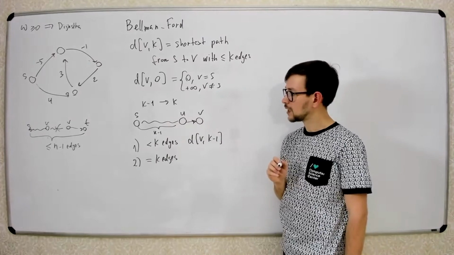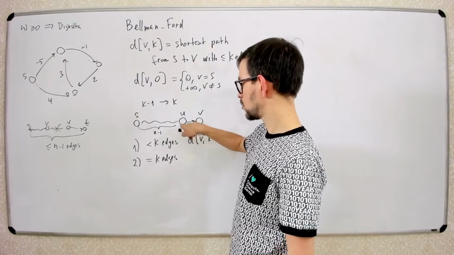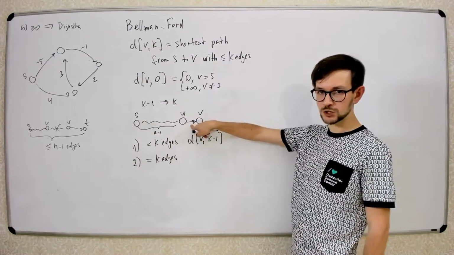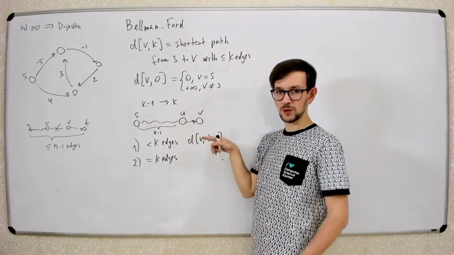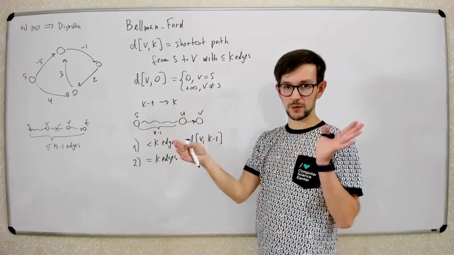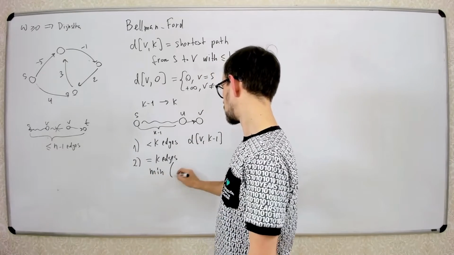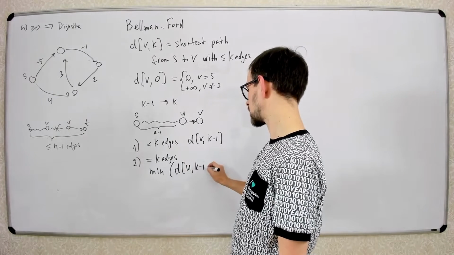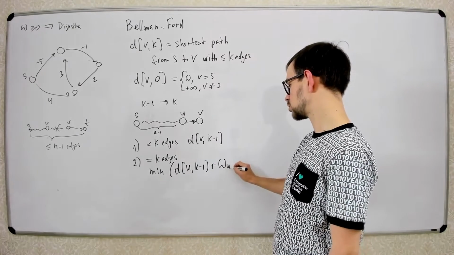So we need to find the shortest path from S to U which contains no more than k minus 1 edges, plus this one edge. And among all of these possible cases, we need to find the minimal one. So we need to find the minimum of all values. We go to vertex u using k minus 1 edges, plus we need the weight of this edge uv.